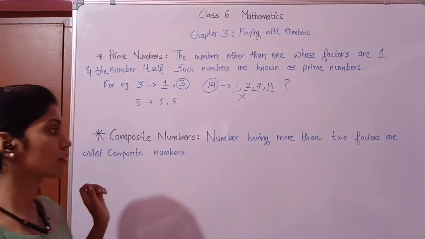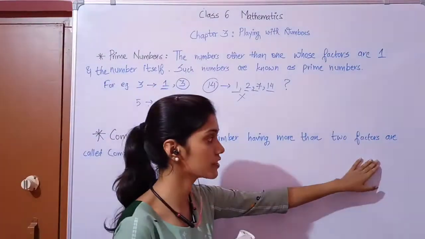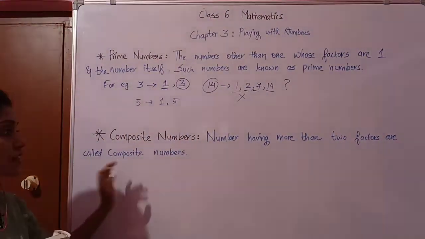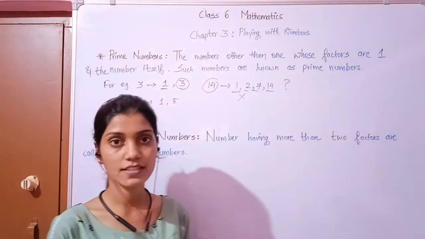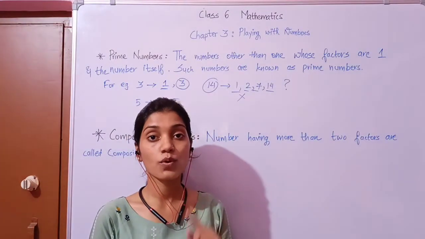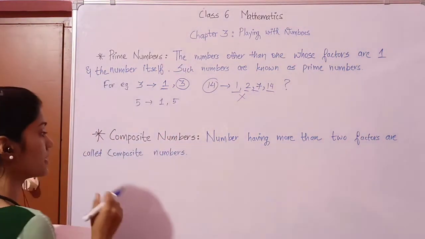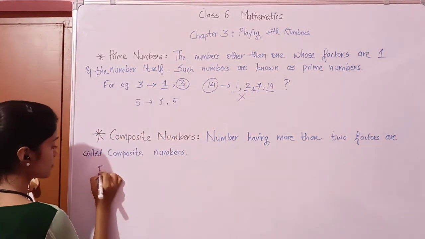Now let's see what are composite numbers. Numbers having more than 2 factors are called composite numbers. So what does it mean? It means that the numbers which have more than 2 factors are known as composite numbers.